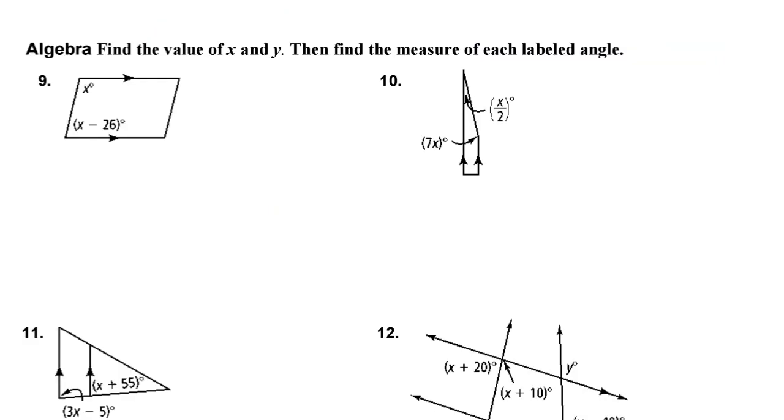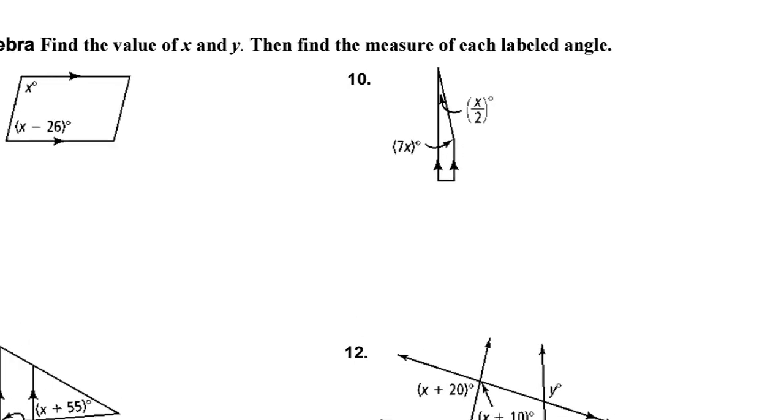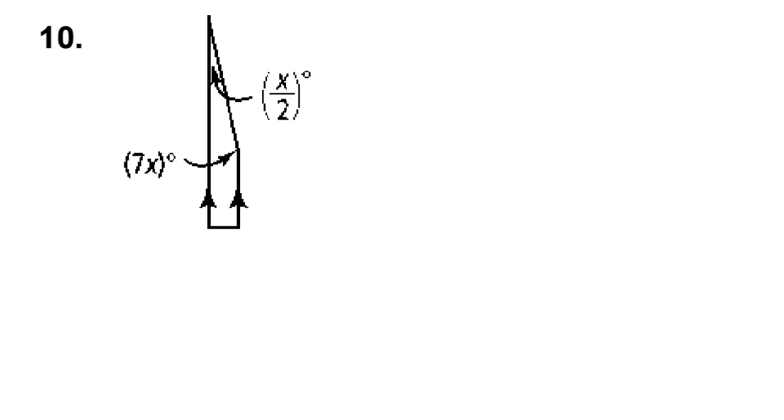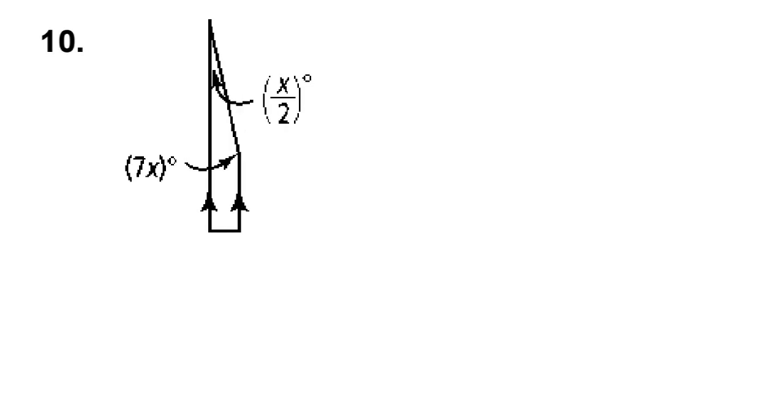We're going to use algebra to find x and y, then find the measure of each angle. I'm going to focus our attention on number 10. So number 10, we have two lines that are parallel, and we have a transversal. And all I did is extend the two lines here. This angle and this angle will be supplementary.